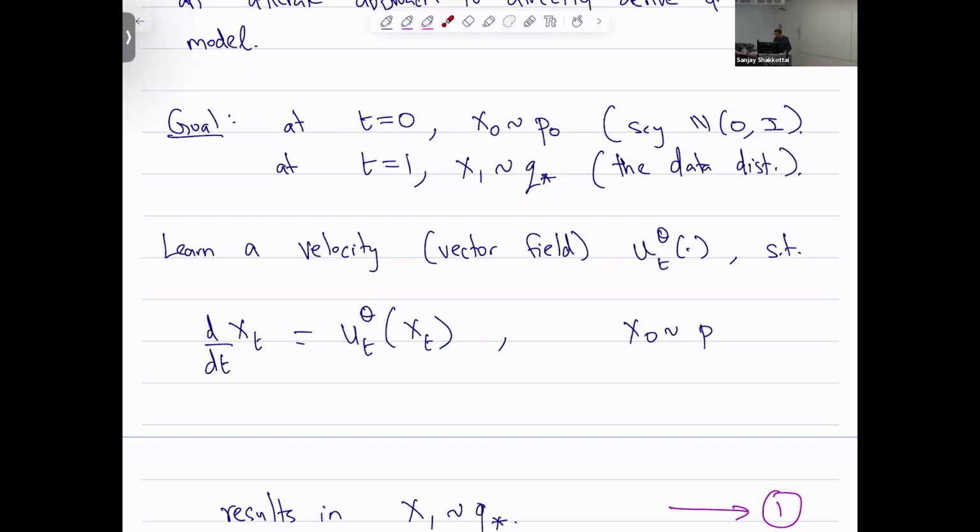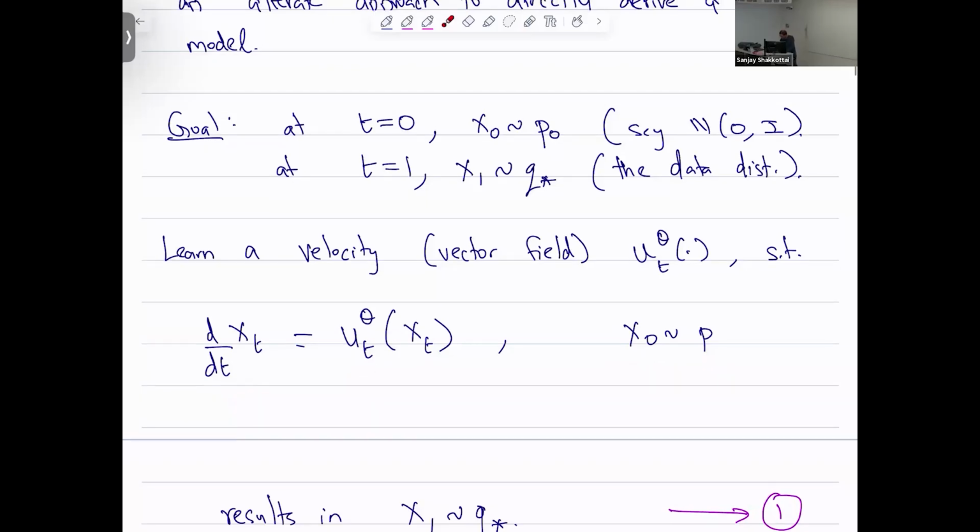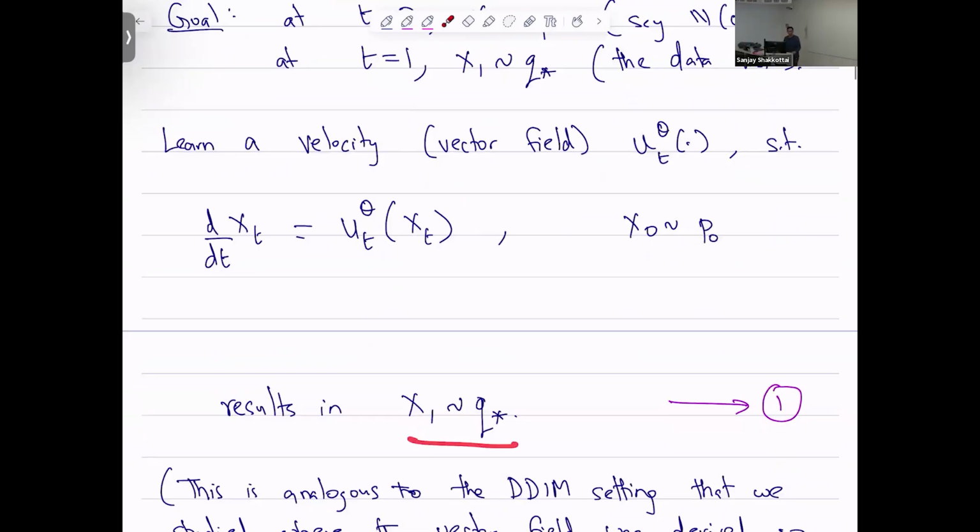And at t equal to 1, you want to get a sample from some data distribution Q star. What you want to do is to learn a velocity field parameterized by some theta, which transports a sample x0 to x1, meaning you want to find a velocity field such that dx/dt is u_t of x_t, such that the initial condition is sampled from P0, and the final condition x1 is distributed as Q star.